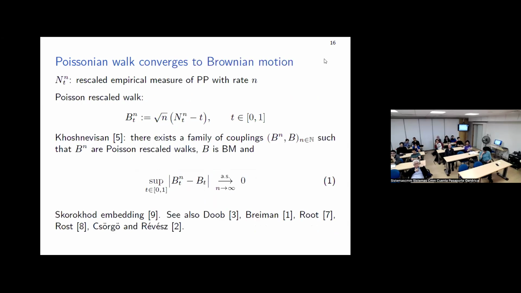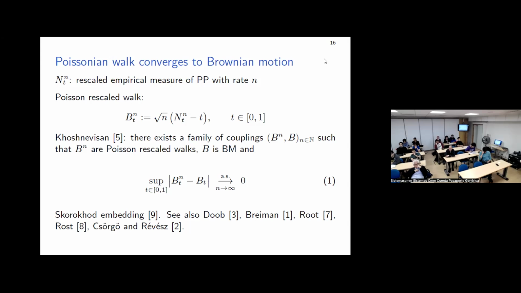Then you have that the Poissonian walk converges to Brownian motion. You have the rescaled walk, and then Komlós, Major and Tusnády, I learned recently, but this is in the book of Csörgő and Révész, that there exists a family of couplings B_n and B, where B_n are the Poisson rescaled walks and B is Brownian motion, in such a way that the supremum over t of the difference goes to 0.